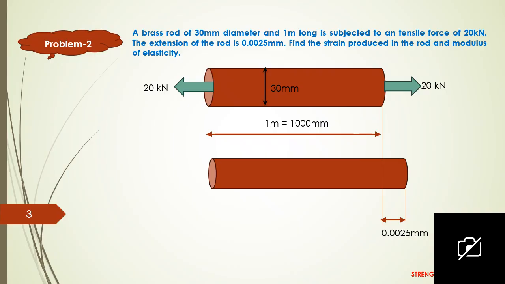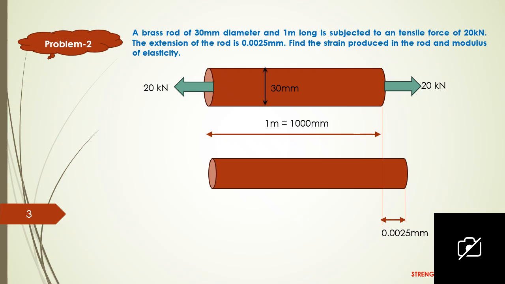Strain is the ratio between change in length to the original length. Since the tensile force is acting, the deformation will be an extension, that is elongation. The change in length is given in the problem as 0.0025 millimeter and the original length is 1 meter. Here is the twist: the actual length is given in meter, while the change in length is given in millimeter.